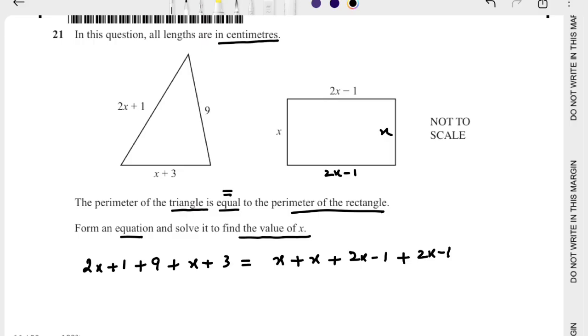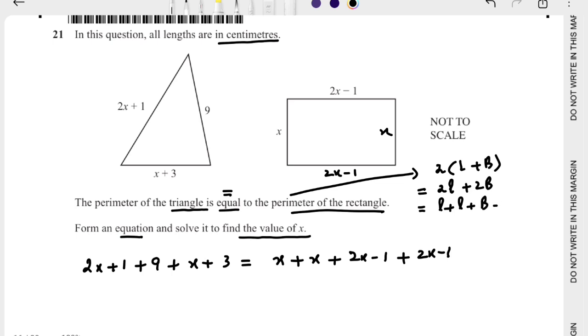The perimeter formula for a rectangle is 2 times (length plus breadth), or it is 2 times L plus 2 times breadth as well. Or you can also write L plus B plus L plus B.